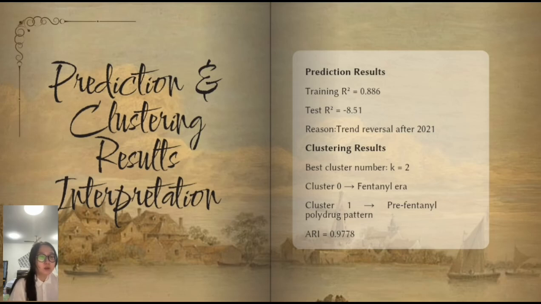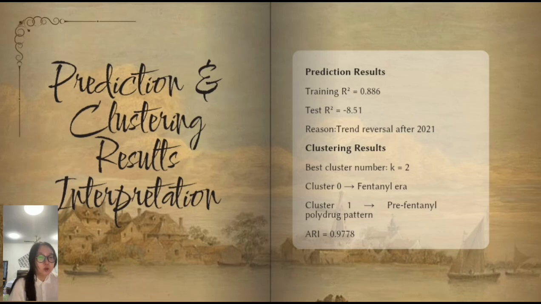Now let's move on to the clustering results. For the clustering, we used k-means to find the natural groups in the dataset. Unlike classification, it does not use labels. Instead, it groups similar records together based on their features.